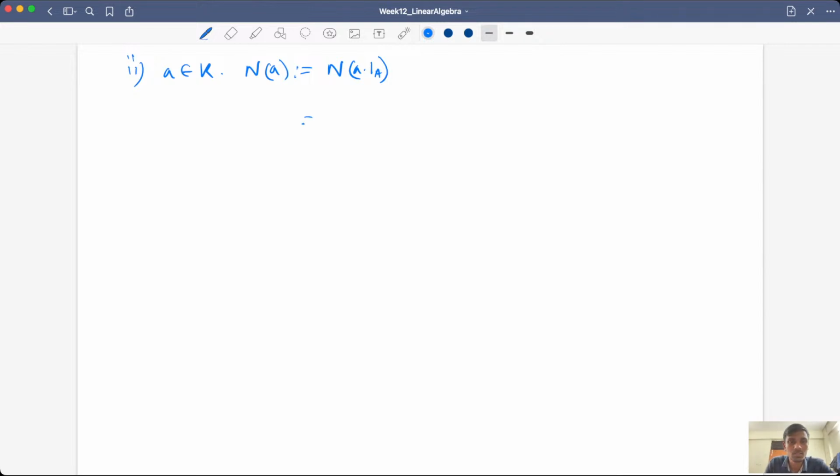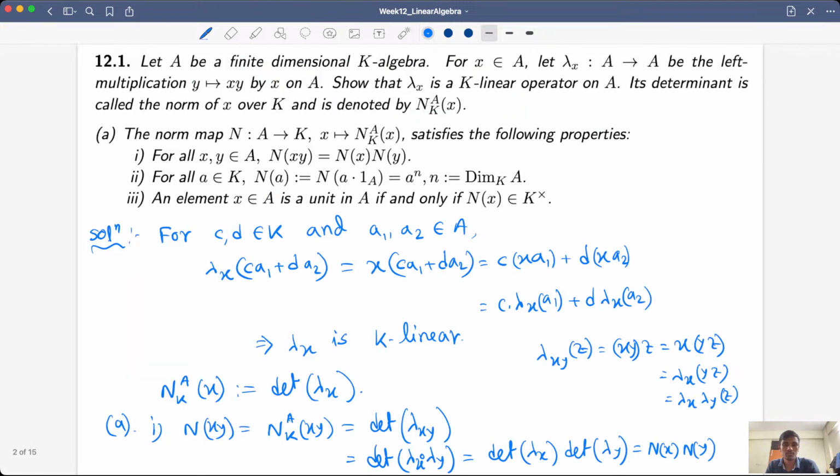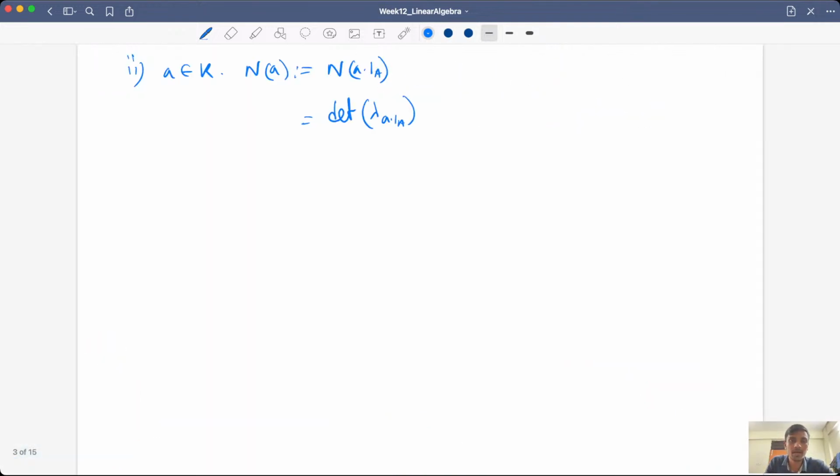So it is by definition again the determinant of lambda a·1. Not exactly the previous thing, but just if I calculate directly the determinant of this function lambda a·1, what is it doing?